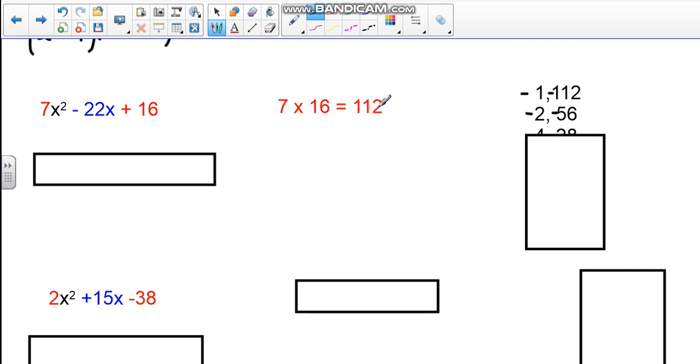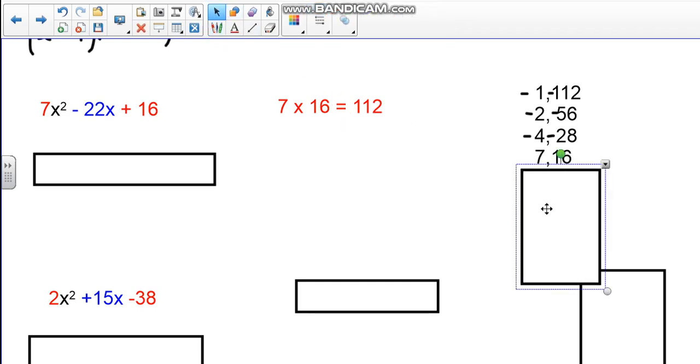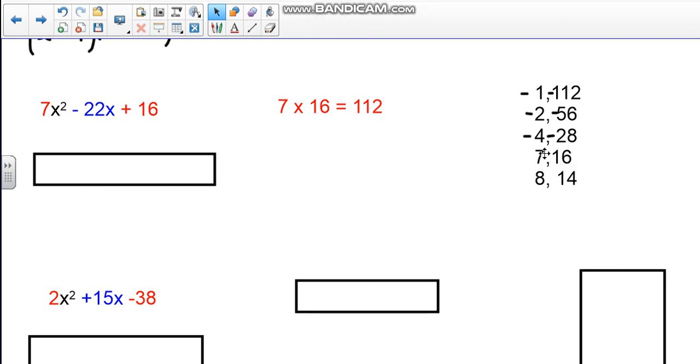3 doesn't go in, but 4 will go in. So that's going to be 4 and 28, or minus 4 and minus 28. And then I know 7 goes in because I multiplied by 7 to get 112. So 7 and 16. And then 8 and 14 will also go in, which I get by doubling this number and halving this number.